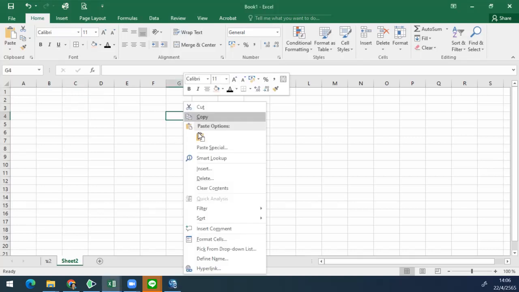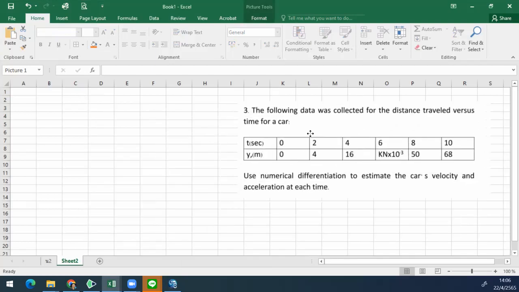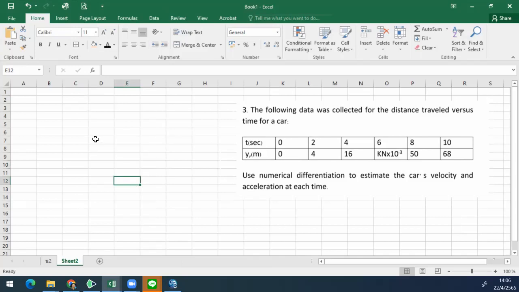Okay, for the second problem, we may have to create the table first.